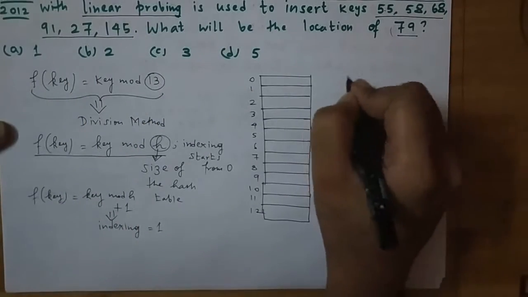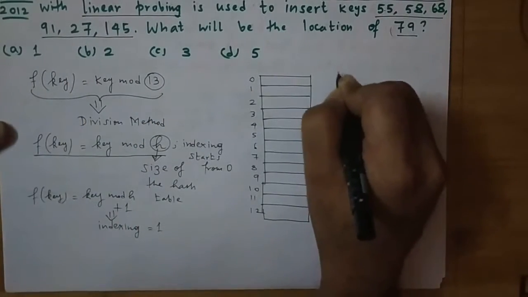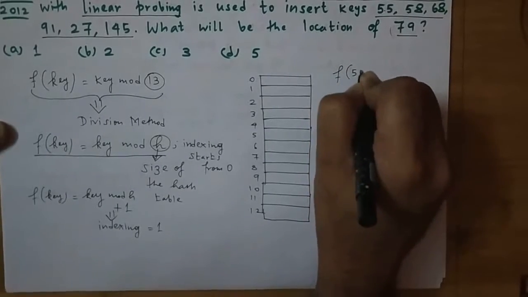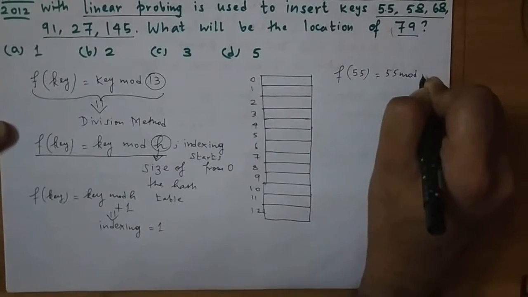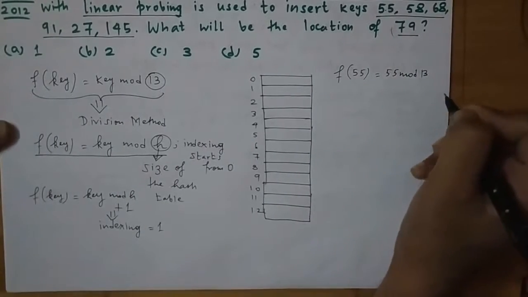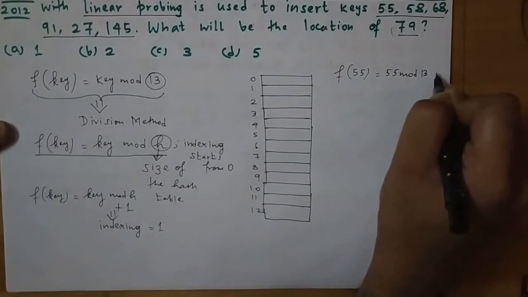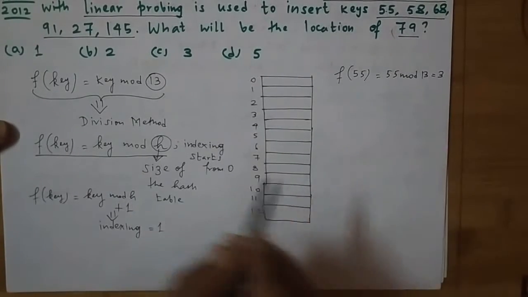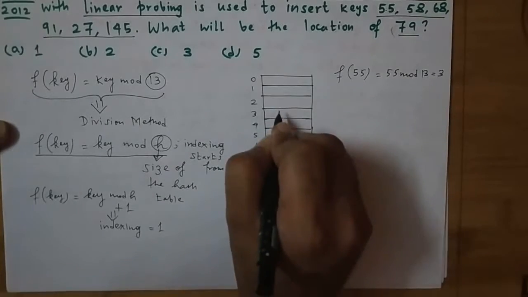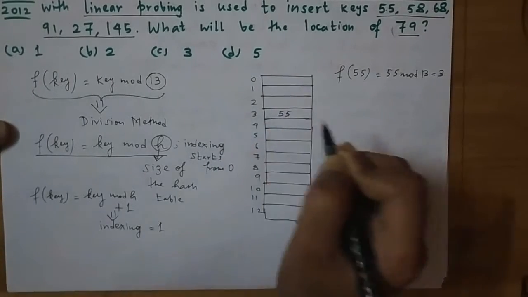So let's start. f of 55 will be 55 mod 13, which comes to be 3. So 55 will be placed in location 3.